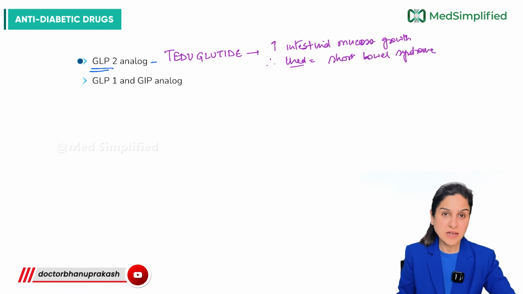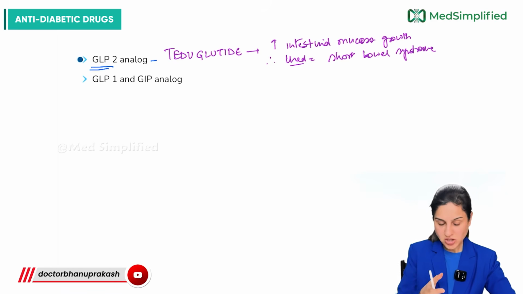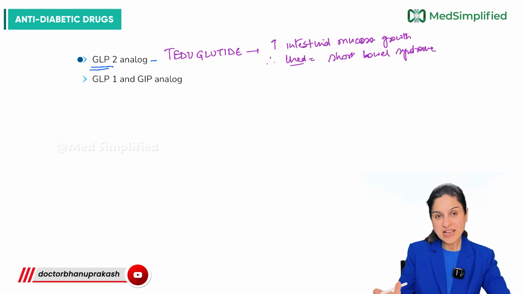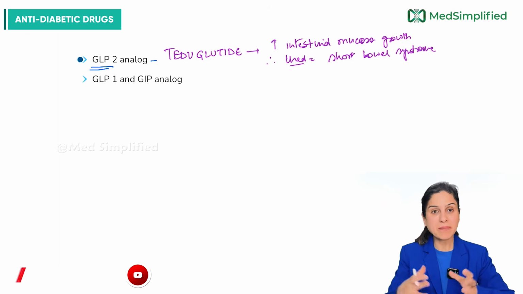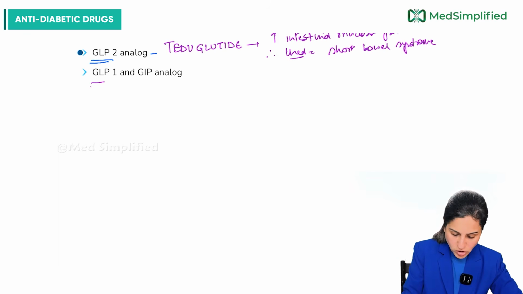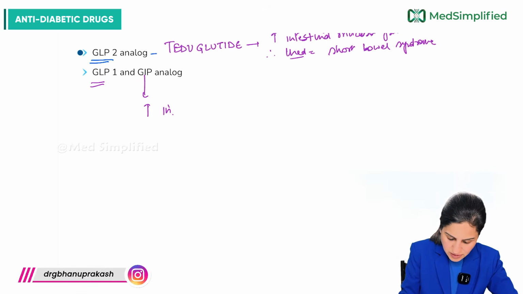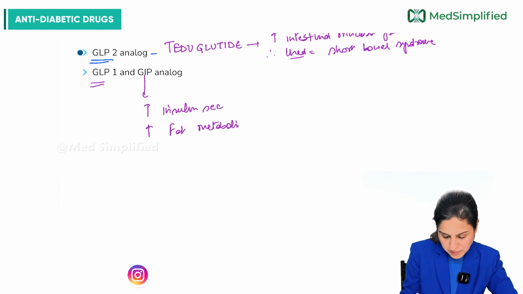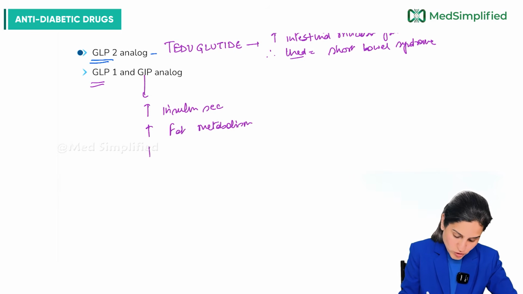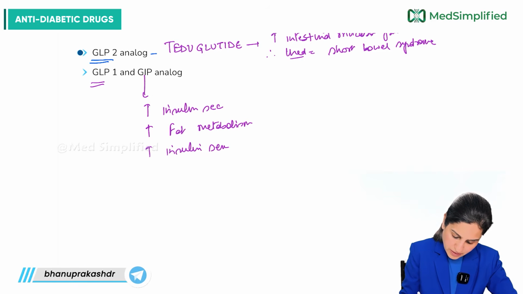Then we have a drug which has a dual action, acting on GLP-1 and GIP. It has similar actions to both, so there is a doubling of the action, because we know the action of GLP-1. GIP also causes an increase in insulin secretion, increases fat metabolism, and also increases insulin sensitivity.